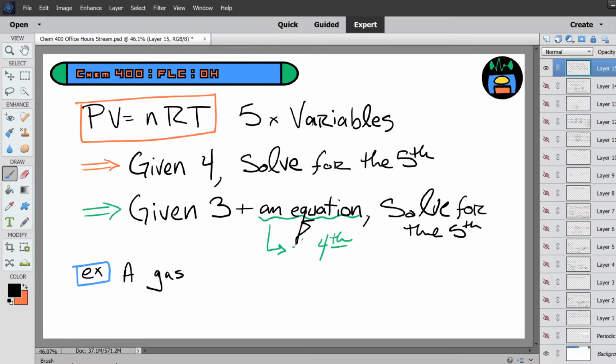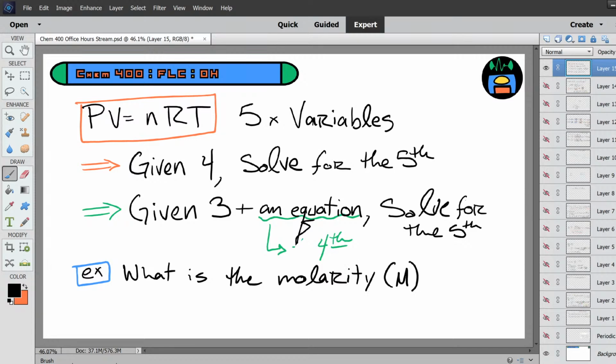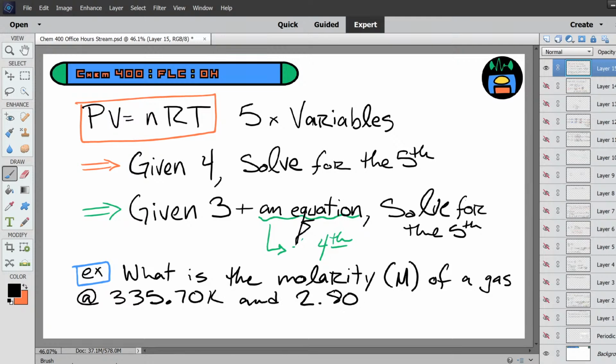A gas, what is the molarity of a gas at 335.70 Kelvin and 2.80 atmospheres.